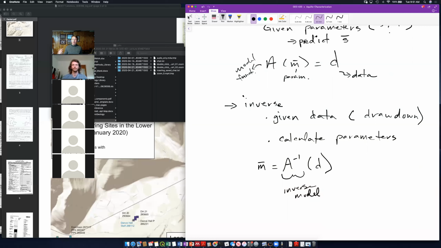Okay, so essentially this is matching modeled and observed data to calculate my parameters.